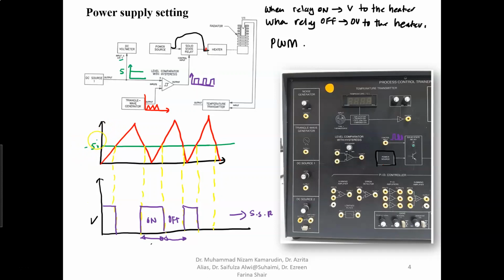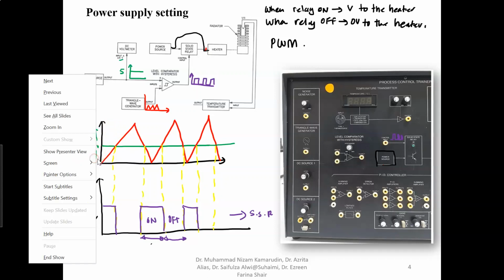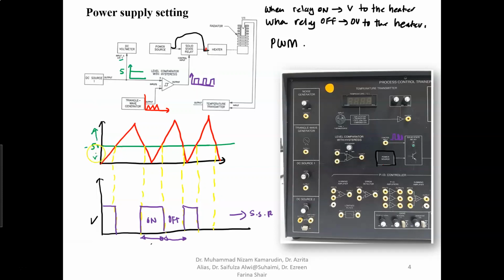This means you can increase this DC source, or you can reduce this DC source to adjust the on time and the off time of the relay, and hence adjust the duration of supply from the source to the heater to heat the radiator.